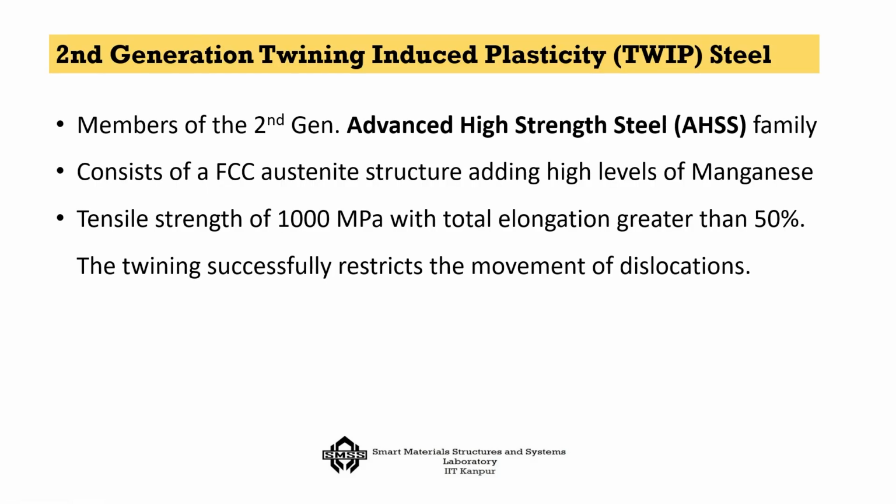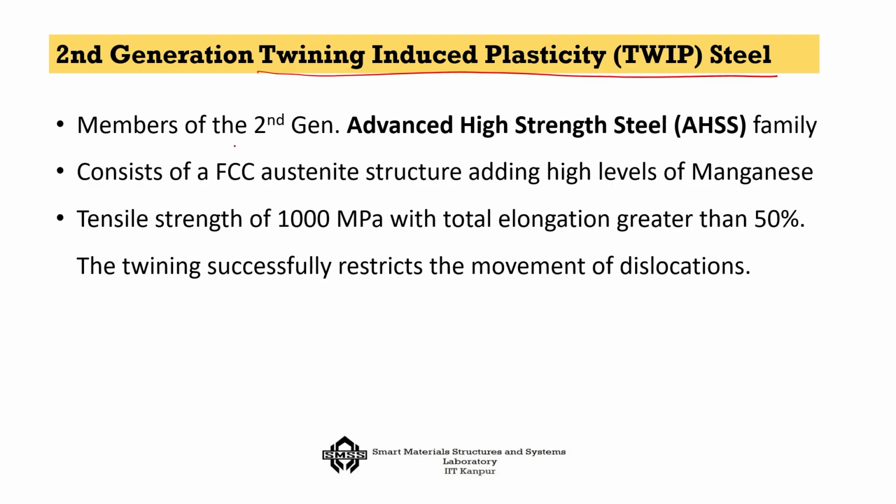Now, from there I come to another very interesting development in steel, that is called twinning induced plasticity steel, TWIP. You remember during the crystal structure I talked about twinning and dislocation. Twinning plays a very important role in giving you a large elongation, but the system will not fail because the twinning stops the dislocation movement.